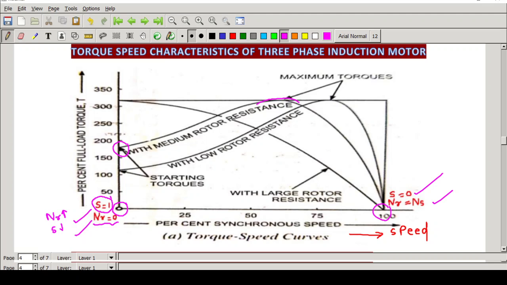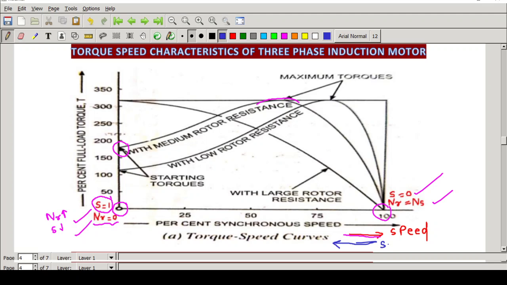When you are drawing these characteristics, you can draw the torque slip characteristics and torque speed characteristics together. Here I have expressed speed along the x-axis, to show the direction of the speed, from left to right. If I want to indicate the torque slip characteristics, I just have to put slip like this, from right to left.